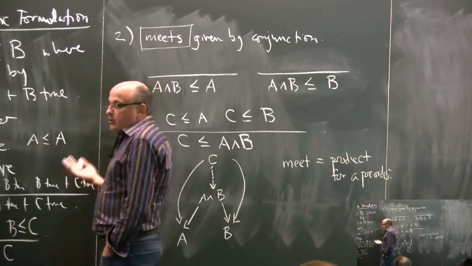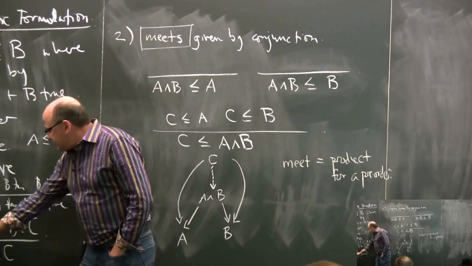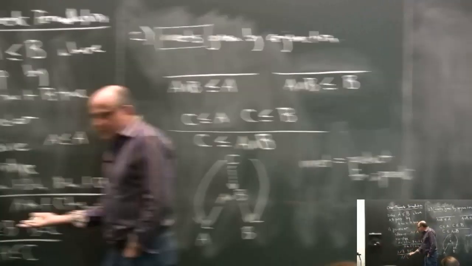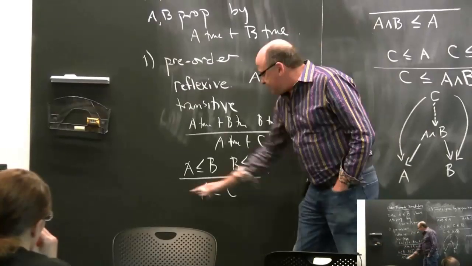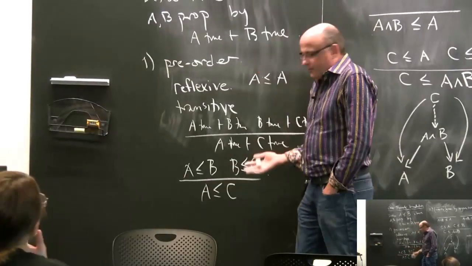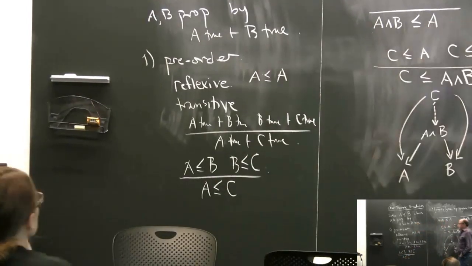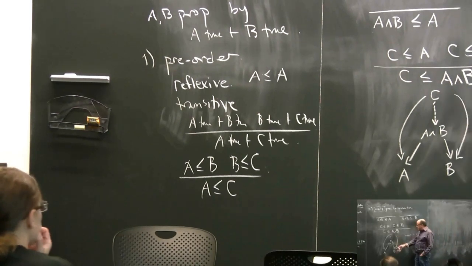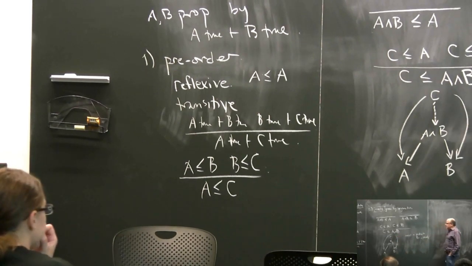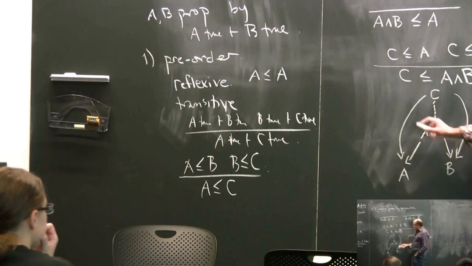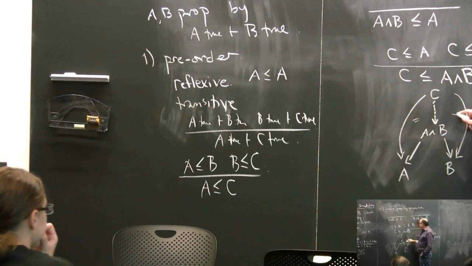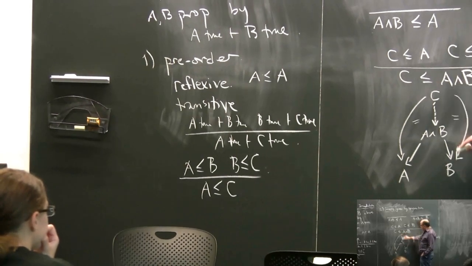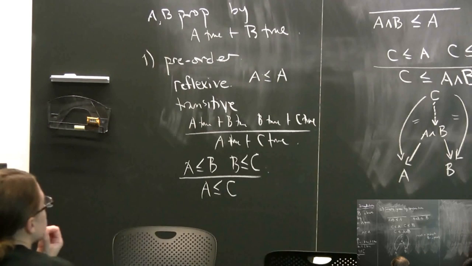Things can be related in at most one way. If there's a map from A to B, and there can only be one, and a map from B to C, then its composition, which can be the only one there is, is from A to C. So it's the restriction of a category to a preorder. And if you think of it like that, then this is a product diagram. So the meet is a product. There is a commutativity, but it's trivial, because there's only ever one arrow between any two endpoints since it's a preorder, so it can't help but commute.